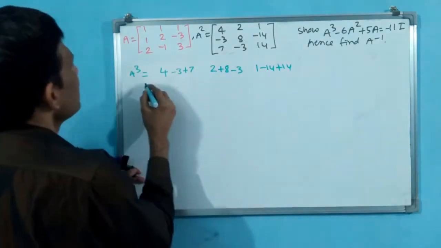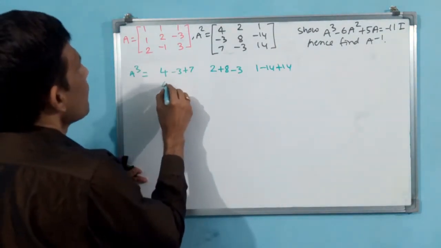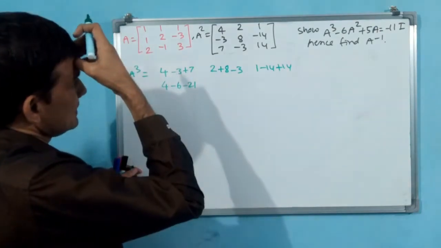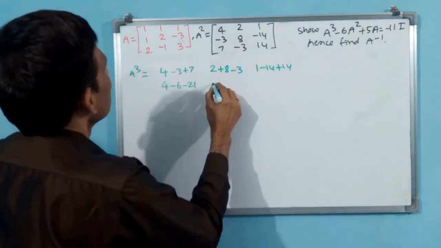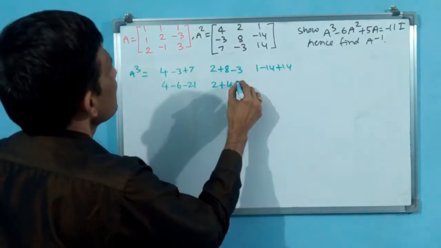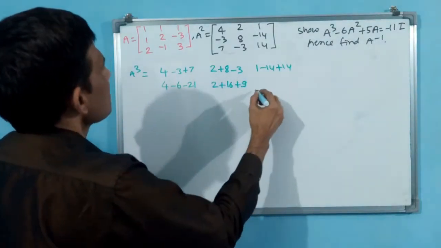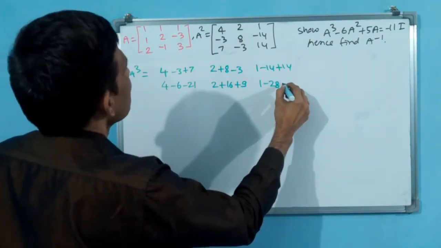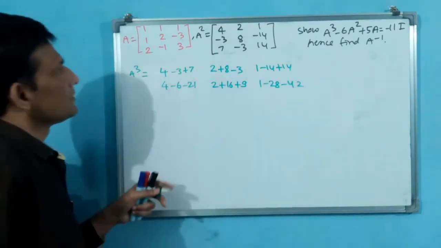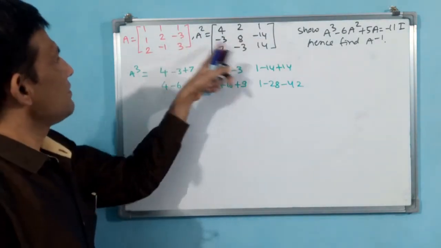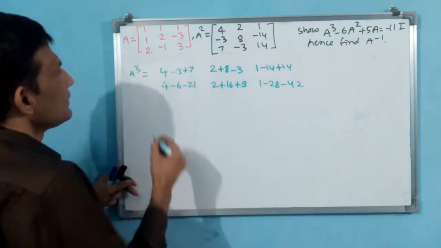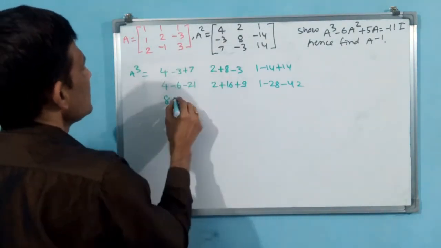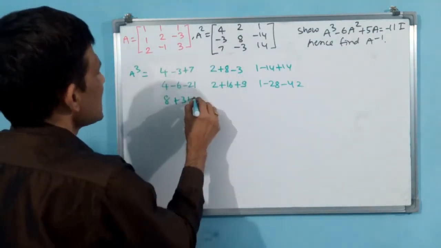Then 4 minus 6 minus 21. Then 2 plus 16 plus 9. Then 1 minus 28 minus 42, and third 8, 3, 21.